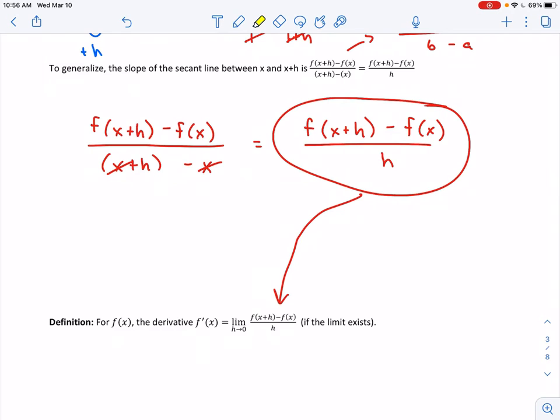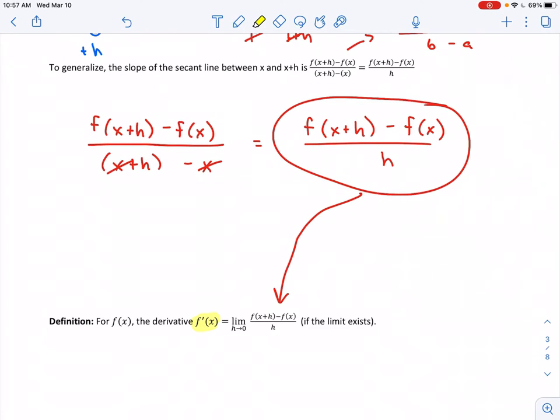So for some function f of x, the derivative, which is read as f prime of x, we use that apostrophe right there, we define as the limit as h approaches 0 of f of x plus h minus f of x divided by h, which just came from the slope of the secant line. So we're using the exact same process that we used in the last video, but we're just using x rather than a specific x equals 1.